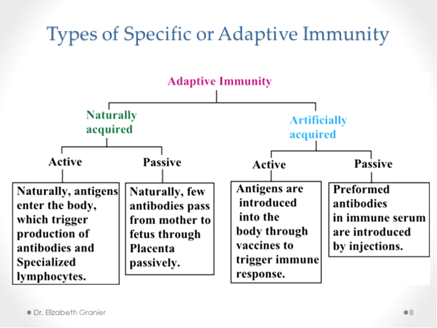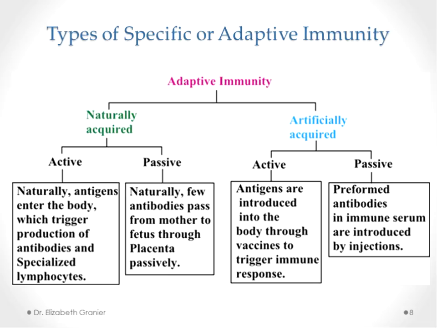It can be acquired naturally because we naturally catch the flu and therefore have the flu in our system for 7 to 10 days or 2 weeks and naturally go through that process of making our own antibodies against it. Or we can naturally be a baby and drink mom's breast milk and get mom's defenses because mom's been exposed to those antigens already. So those are our natural ways to acquire specific immunity against a pathogen.